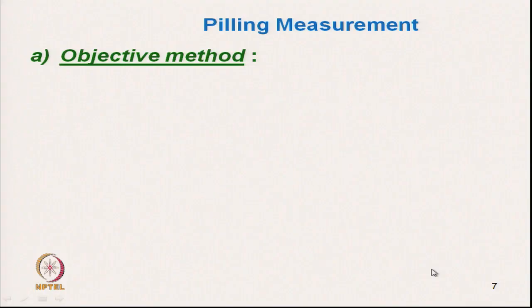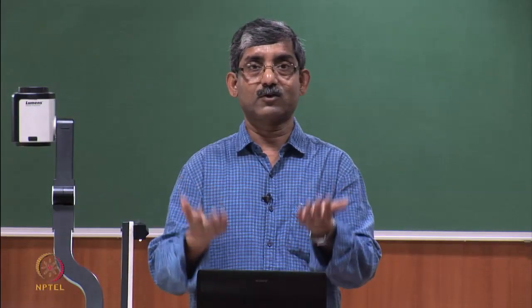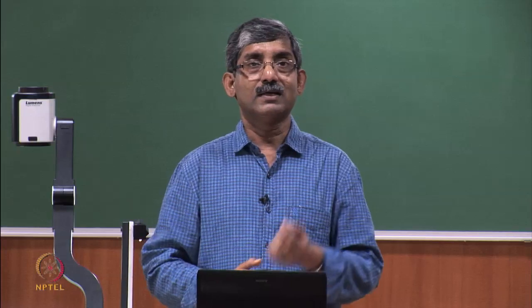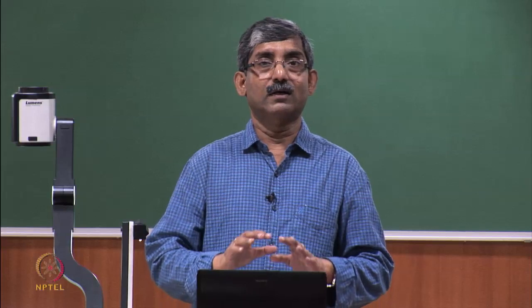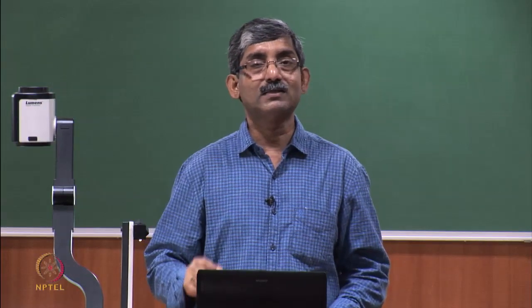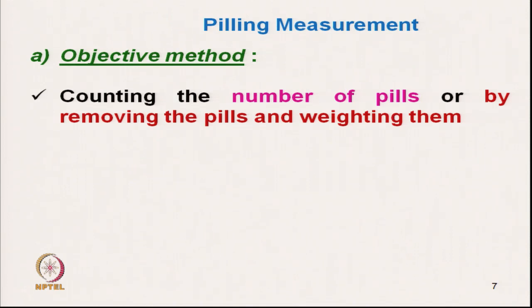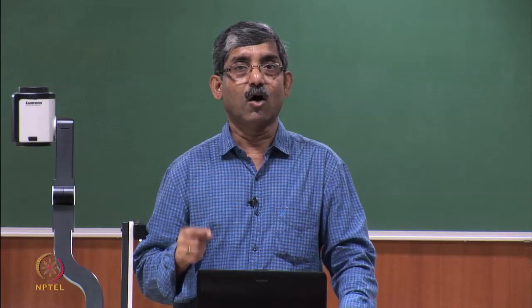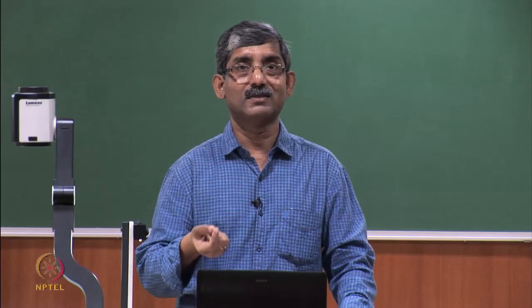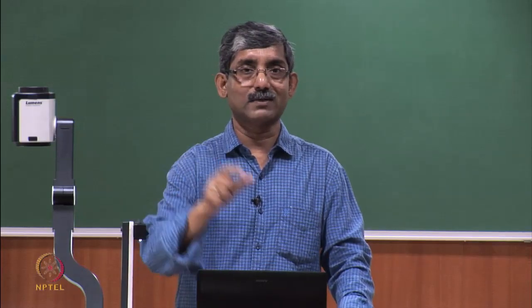Now, as far as measurement is concerned, there are two types of measurement. One is objective measurement, where we can get a numerical value. Another is subjective measurement. Objective measurement means that on the surface we can simply count the number of peels, say per square meter, or we can remove the peels and take the mass.